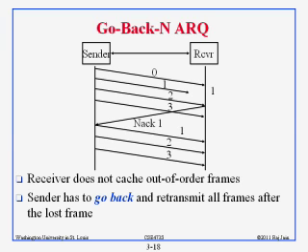So the next method is go back N ARQ. Suppose you send 1, you send 0, you send 1, you send 2. When you send 2, the receiver is going to say, sorry, I did not get 1. That is called NAC 1, negative acknowledgement for 1.